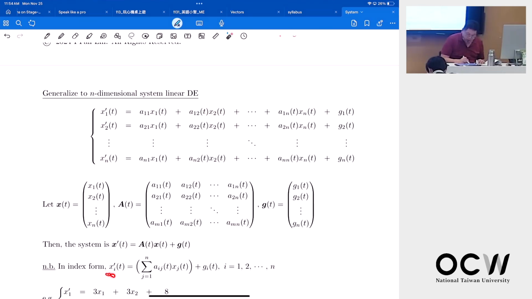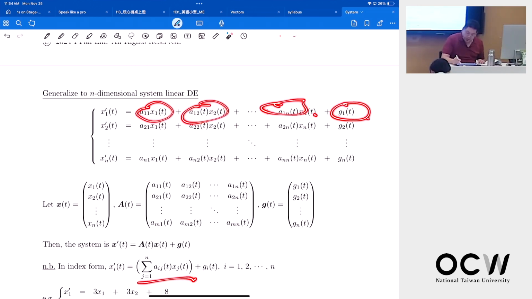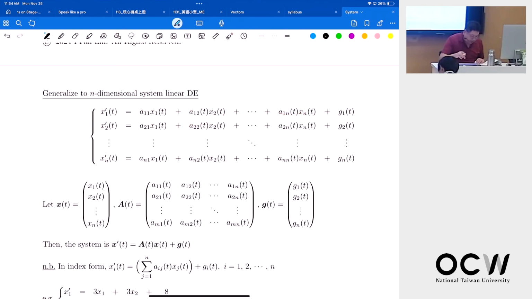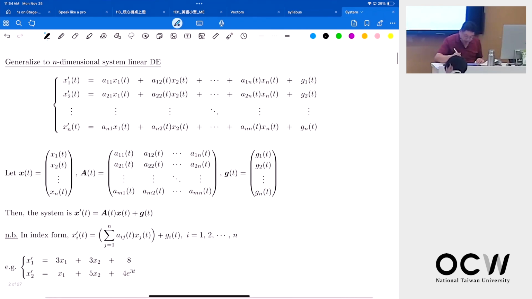How do I express x1 prime? First, a summation, because I can express these terms as a summation, plus the function g. And let's say this will be equation 3.